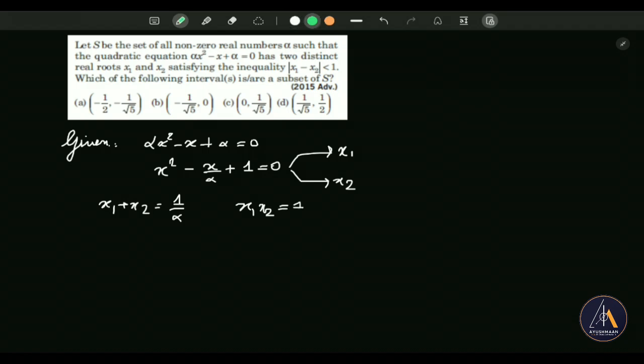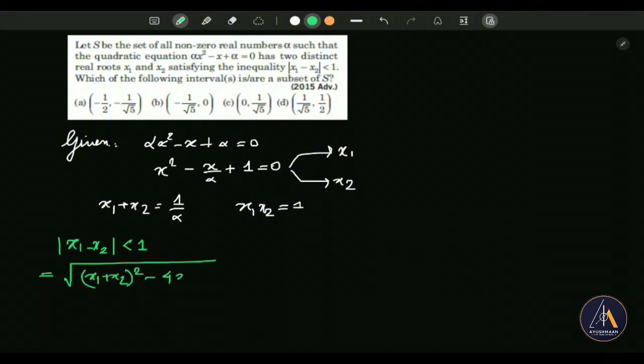Now it is told that this satisfies the inequality modulus of x1 minus x2 is less than 1. So what I am doing is root under x1 plus x2 whole square minus 4 x1 x2 less than 1. So it is under root 1 by alpha square minus 4 less than 1.